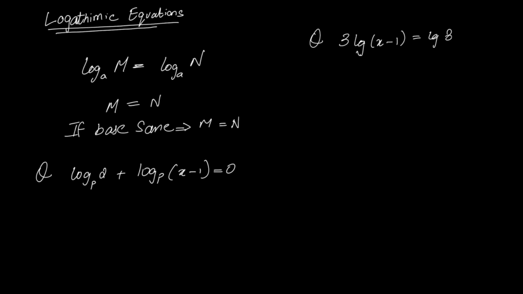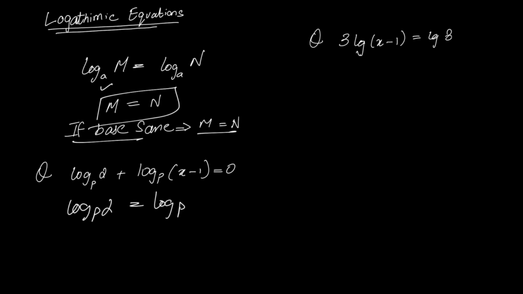Okay, now let's take a look at some logarithmic equations. So for example, we have log base a of m is equal to log base a of n. We can say that m is equal to n. So the bases have to be the same for them to be equal. So in this case, we have log base p of 2 plus log base p of (x minus 1) is equal to 0. Let's solve this. This will become minus, and because this is minus 1, we can take it to the power over here.